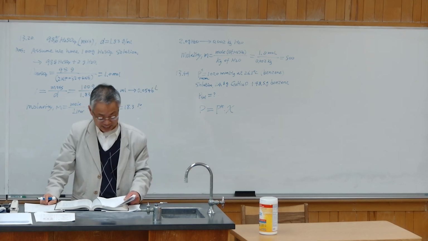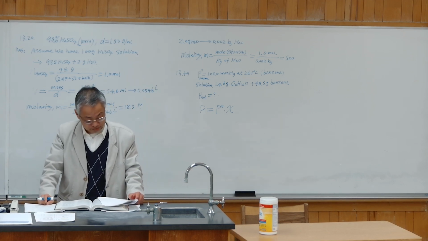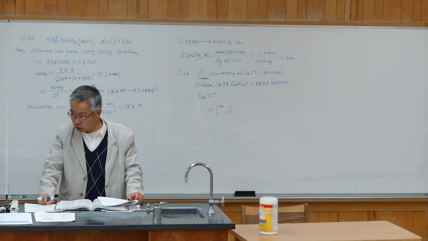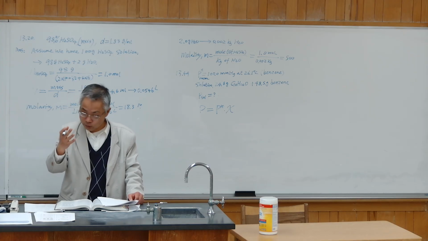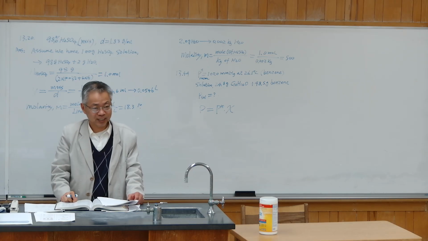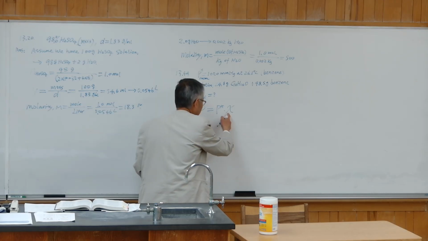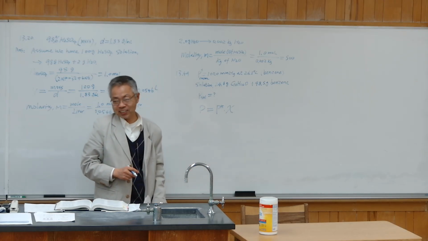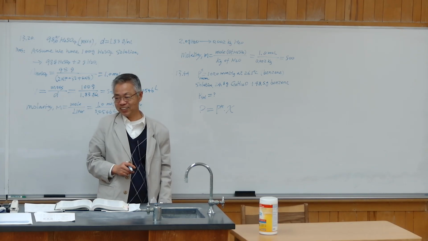That's right. Is this mole fraction of solvent or solute? Since only solvent vaporizes and solute stays in solution, this mole fraction is the solvent mole fraction, not the solute mole fraction.